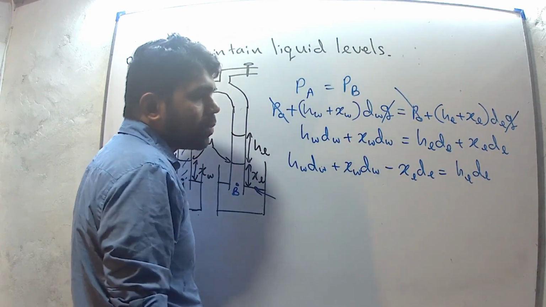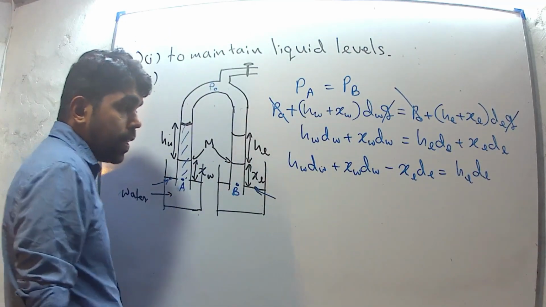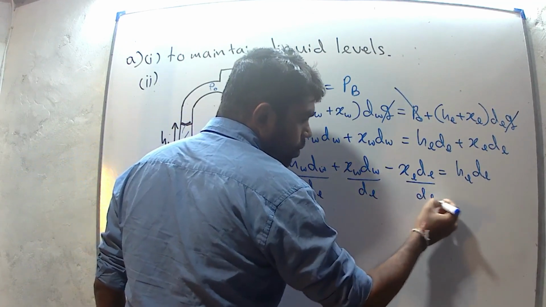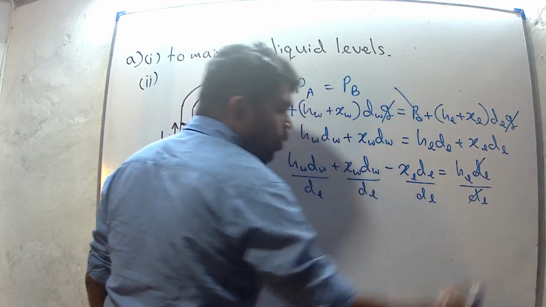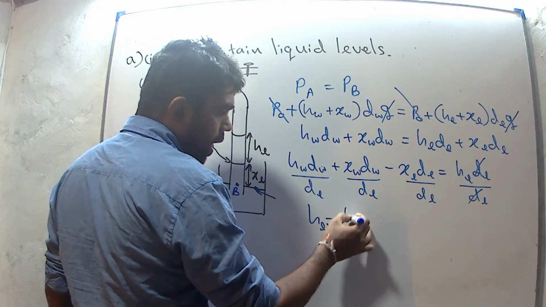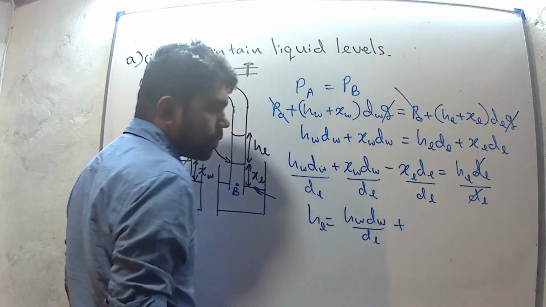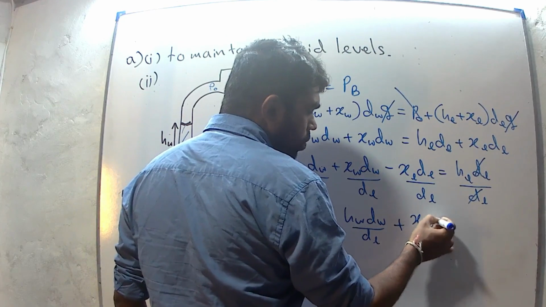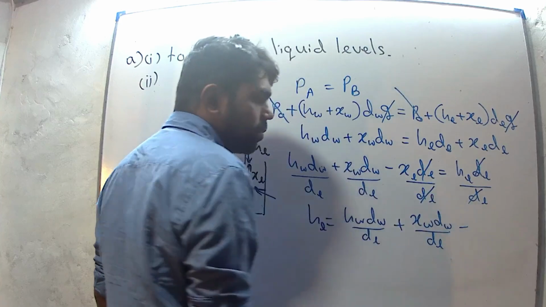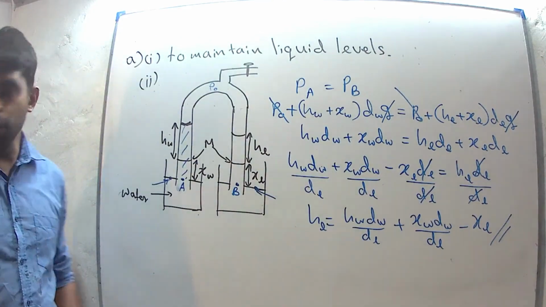Then we can divide all terms by dL to remove the dL term from the right hand side. Then we can cancel out the dL term. We get the expression HL equals HW dW divided by dL plus XW dW divided by dL minus XL. It is the expression for part 2.